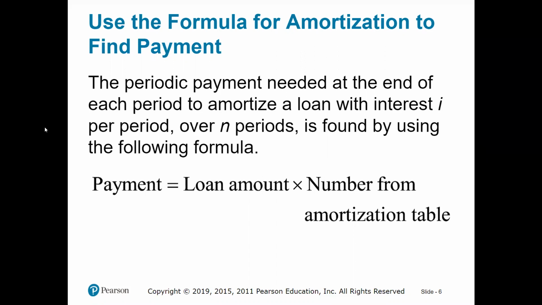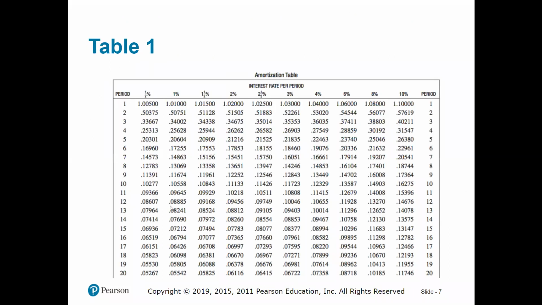All right. Use the formula for how to pay back a payment. The periodic payment needed at the end of each period to pay off the loan with interest I per period over n periods is found by using the following formula. The payment equals the loan amount times the number from the table. You are given this table in your homework. You can also print it out from your homework.